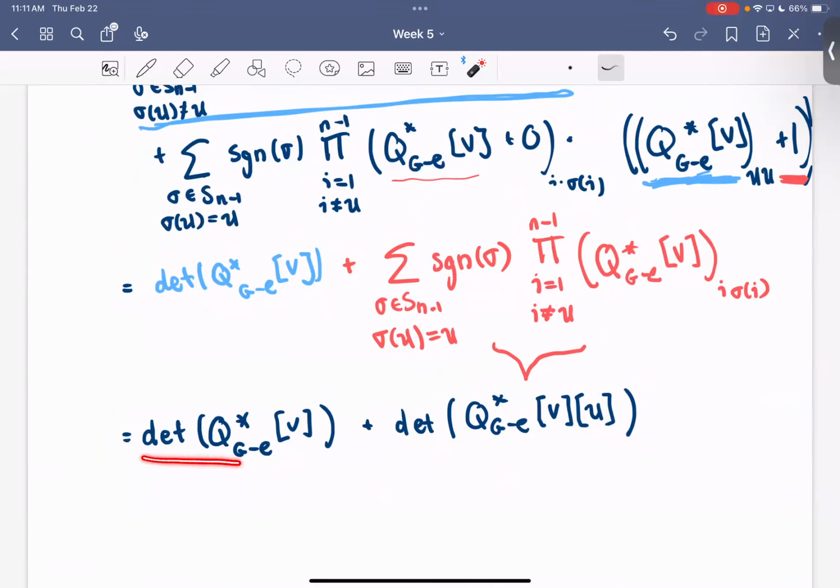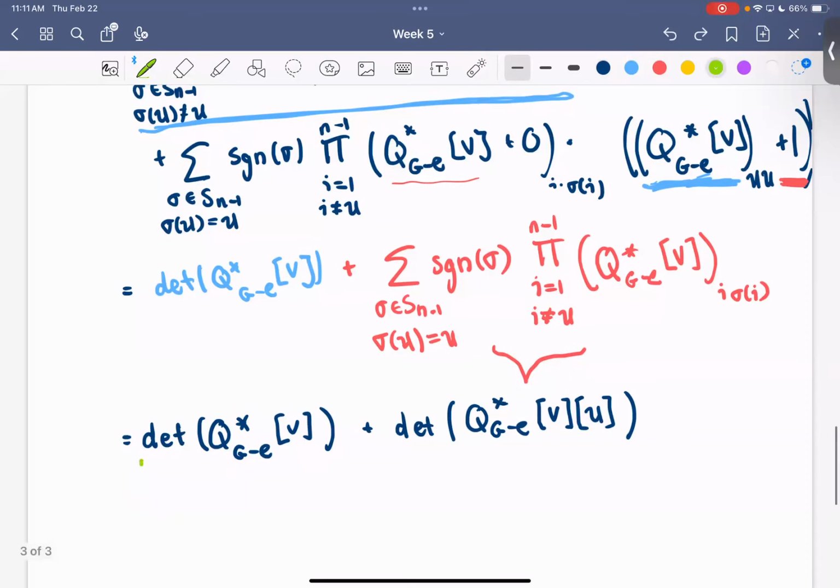By the induction hypothesis, what is this computing? Trees of G minus E. Yeah, so this left-hand part is tau. Let's do this. So this is tau of G minus E by the induction hypothesis.